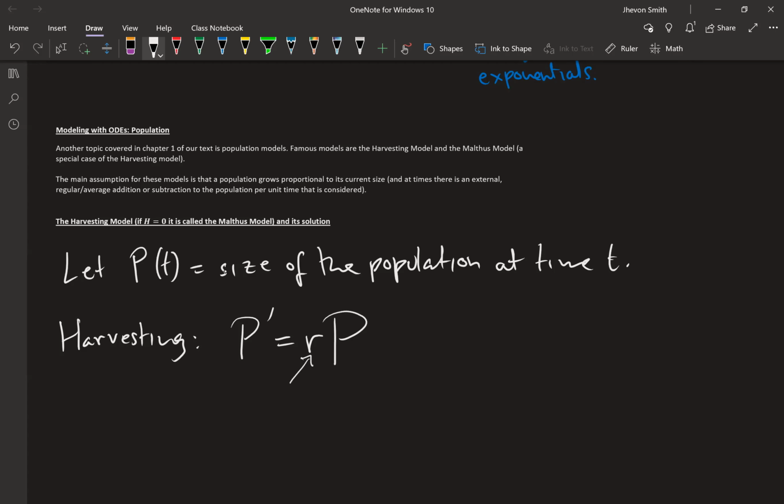So r is the percentage growth. It's also called the relative growth rate. Maybe I should write out the word relative. It's also called the growth constant.